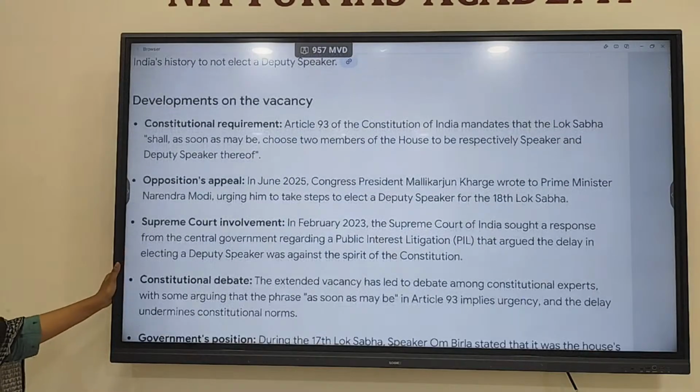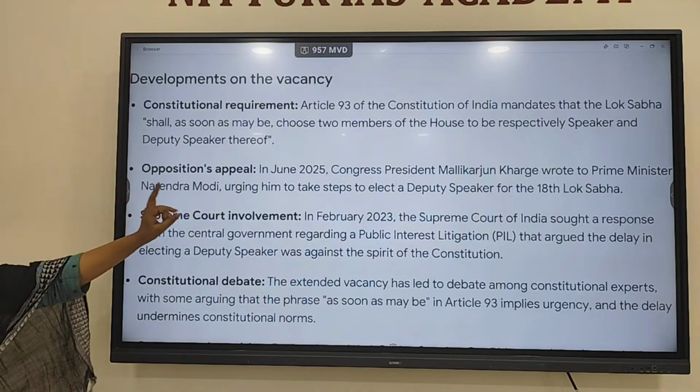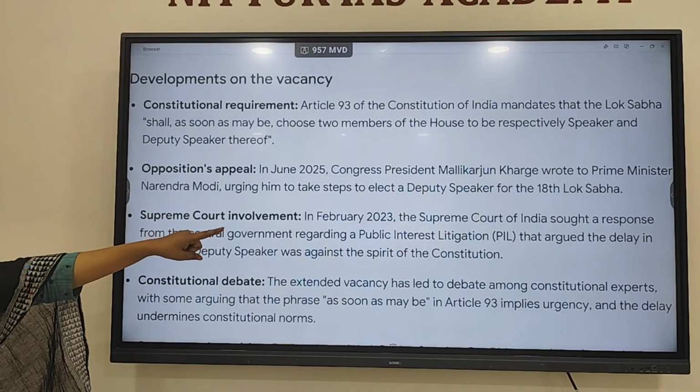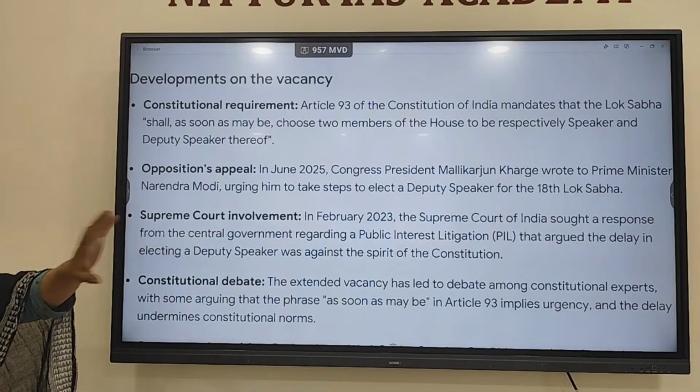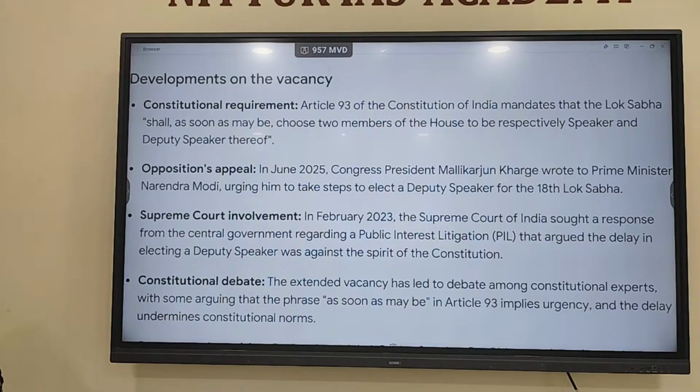Supreme Court involvement. What did the Supreme Court say? In February 2023, Supreme Court of India sought a response from the central government regarding the PIL, public interest litigation, that argued a delay in electing the speaker was against the spirit of constitution.